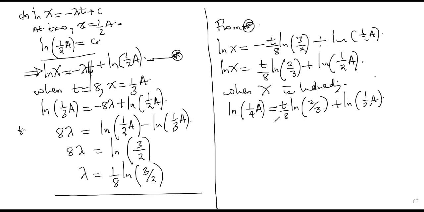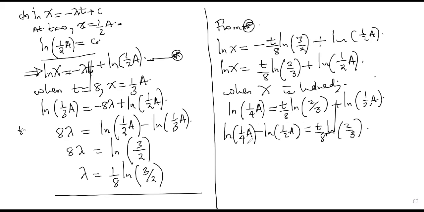So now looking at this, we can bring this one this side so that we have ln a quarter a minus ln a half a, is equal to t over 8 ln 2 over 3.